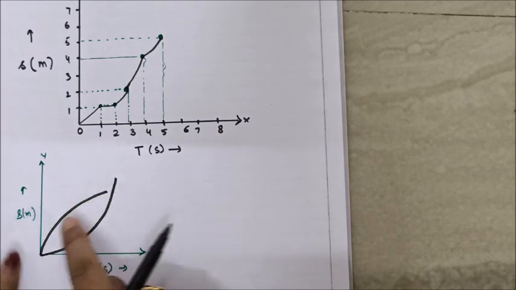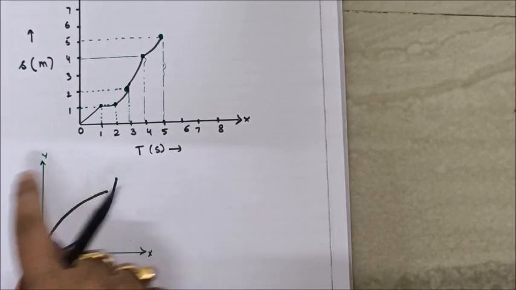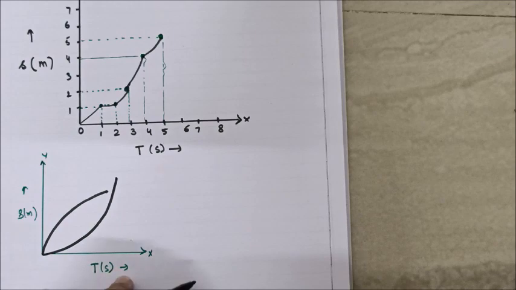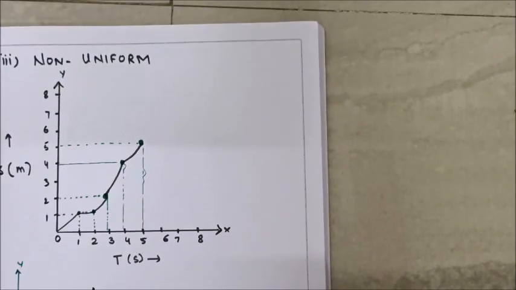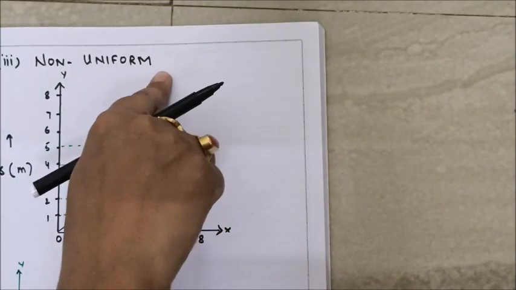So whenever a curved graph is plotted in a distance time graph, it always shows that the body is in non-uniform motion.